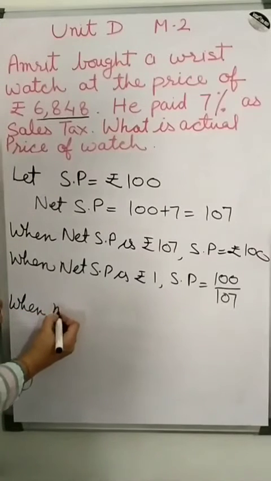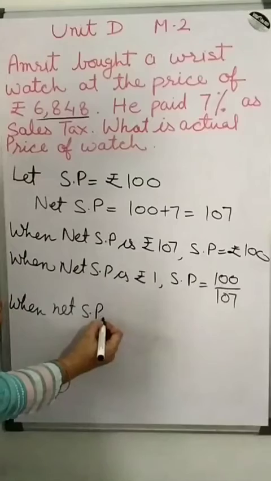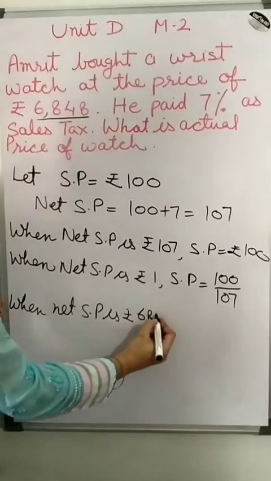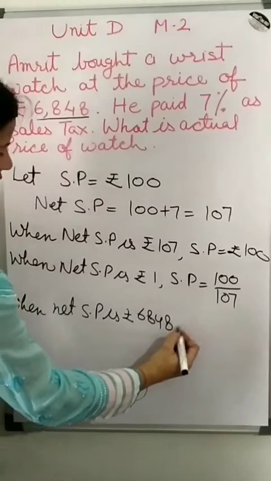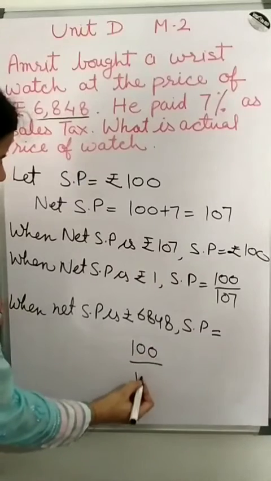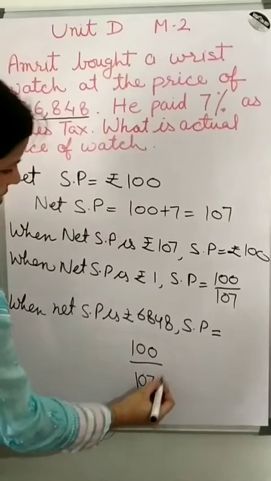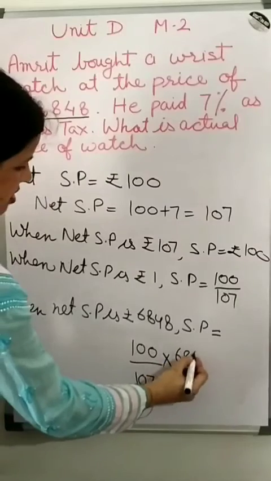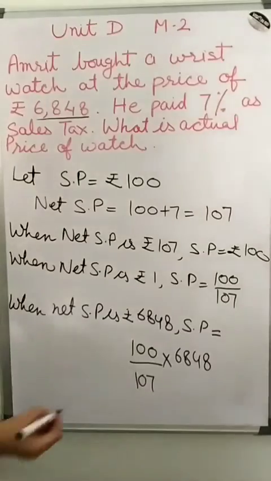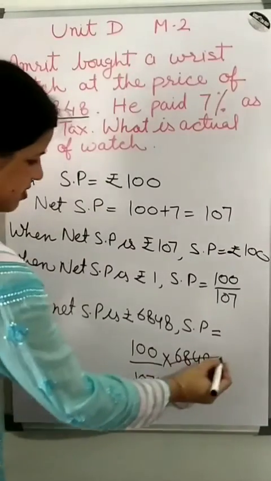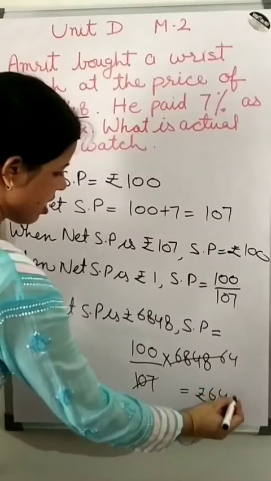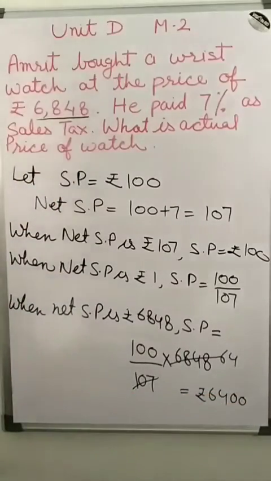When the net selling price is rupees 6,848, the selling price is equivalent to 100 upon 107 multiplied by 6,848. Now solve this one. When we cancel, we get 107 multiplied by 64, so we get 6,400.